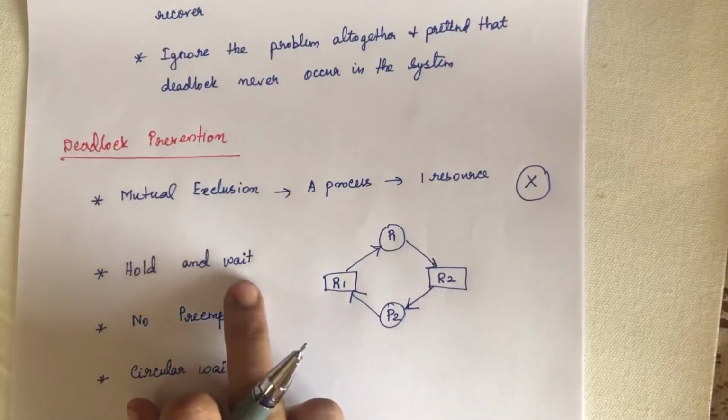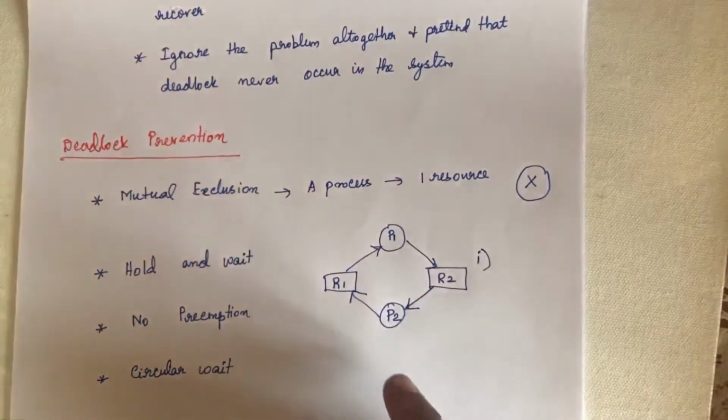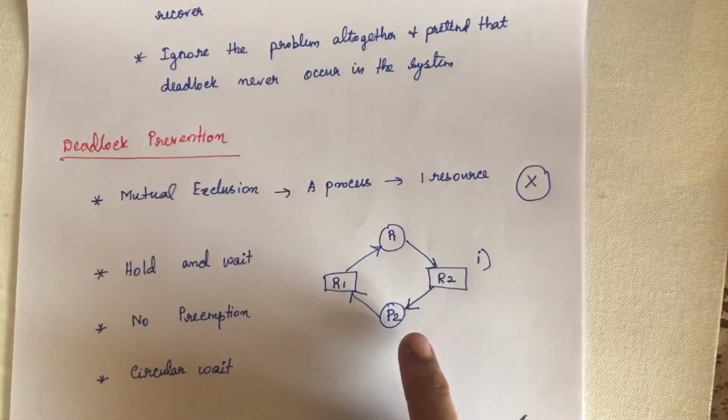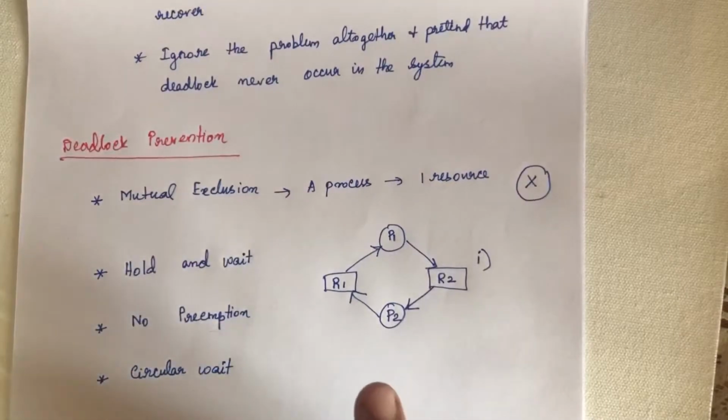We can avoid hold and wait in 2 ways. The first method is that a process can request resources only when it is not holding any resource.